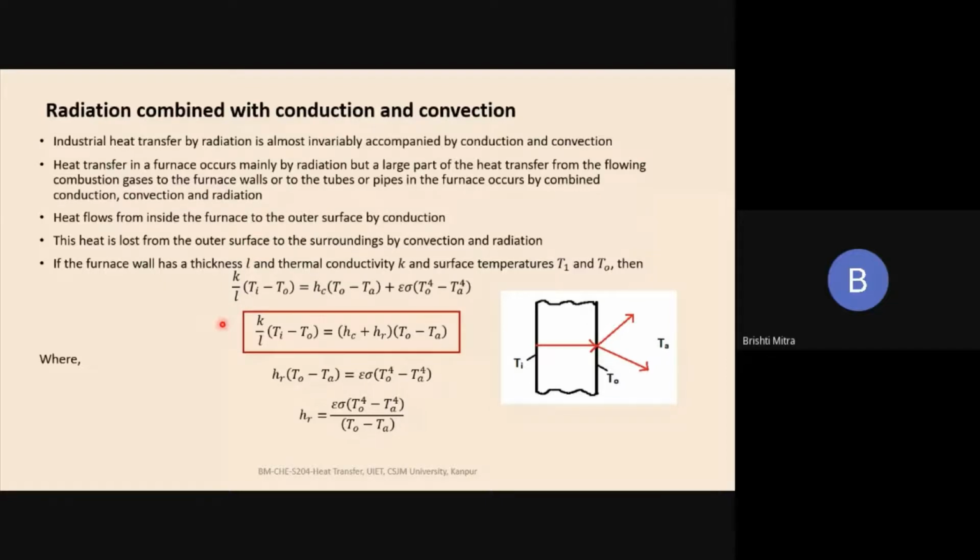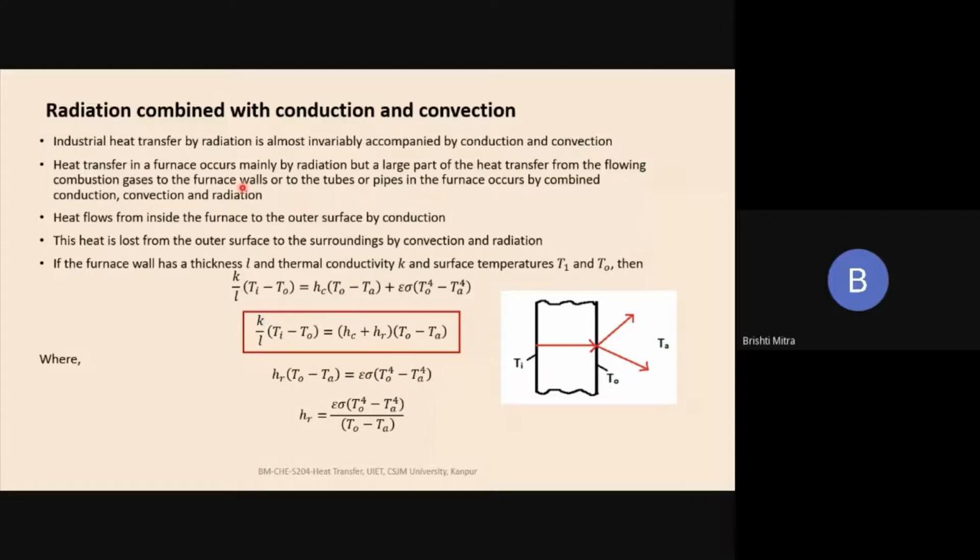If that is not the case, whenever there is some medium that is involved, along with radiation, we will have conduction and convection. So if this is the wall of the furnace, you can see here heat is being sent by conduction. And then from here, there are two parts. One part is by radiation and one part is by convection.